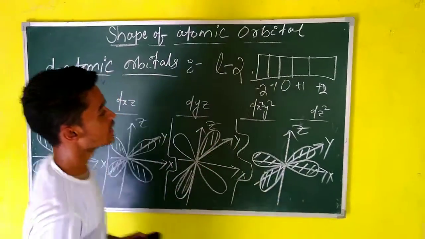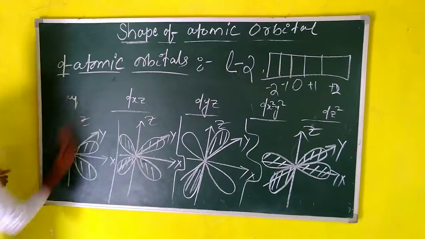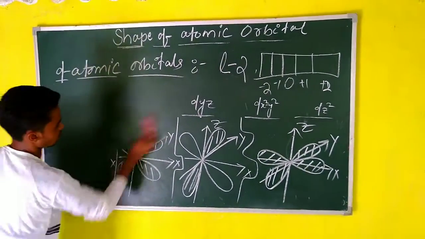Then comes dz square. What is the shape of dz square?